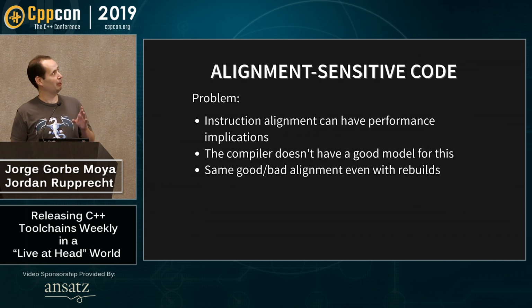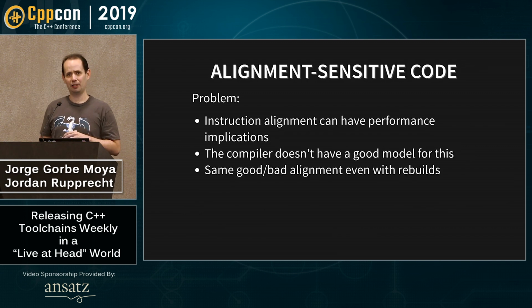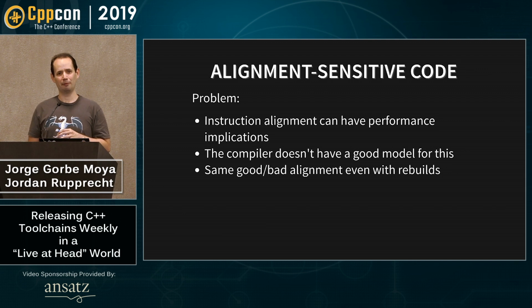Another, and this is a really fun one, is that there's some code that is really performance alignment sensitive. In some cases, because Intel CPUs are weird, modern CPUs are weird, you can have some piece of code that, if it has the wrong mix of instructions in a 32-byte aligned boundary, you can switch from the new, quick, awesome instruction decoder to the legacy one, which is much slower.